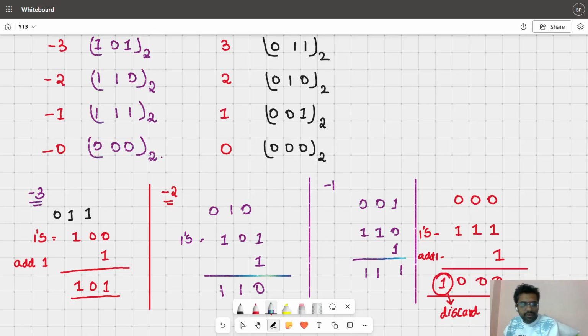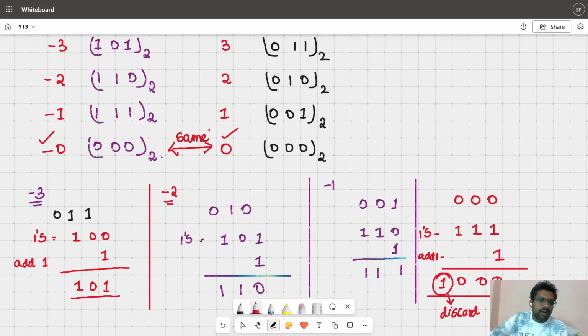One thing to observe: the value of minus 0 and plus 0 are the same, which was not the case in the previous two methods. So this brings a special advantage to the 2's complement equivalent. But if you observe, in the previous example we were able to represent all the 3-bit combinations, from 000 to 111.